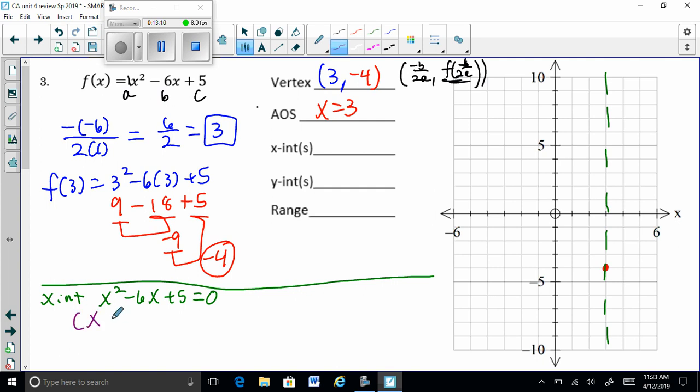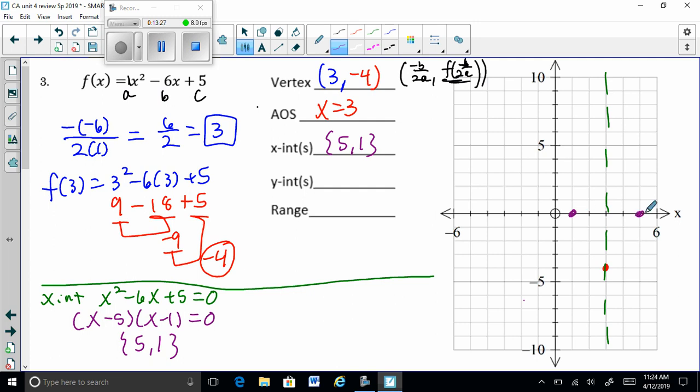So it factors into x minus 5 and x minus 1 equals 0. So if you were to figure out those solutions, that should be 5 and 1. So 5 and 1. There's 1.